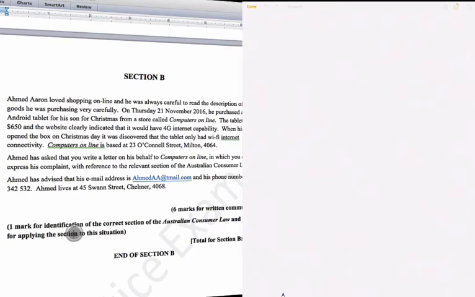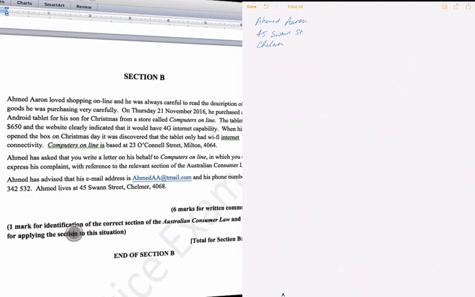We don't need to write it exactly the same way with exactly the same words, but we do need some structure. The first thing I need are some formalities, the formalities about Ahmed, which is how letters are written. So we put who it's coming from, where they actually live.